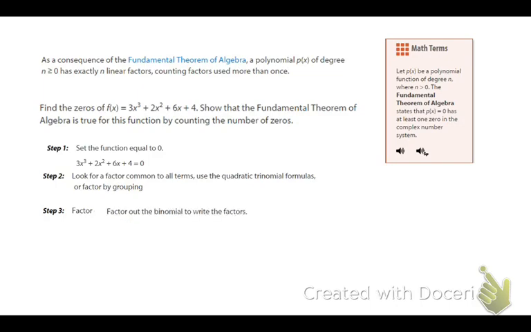Let's factor out the binomials we want. So if we come up here, the 3x squared plus 2x, we'll group those together. So that means I will cover up my x here. So I factor out an x squared, and that would leave me with a 3x plus 2.